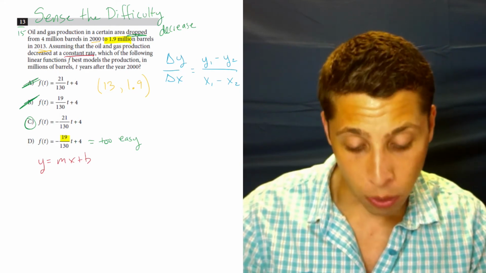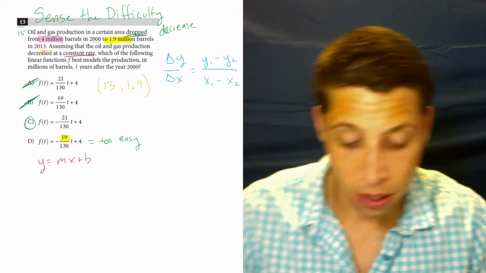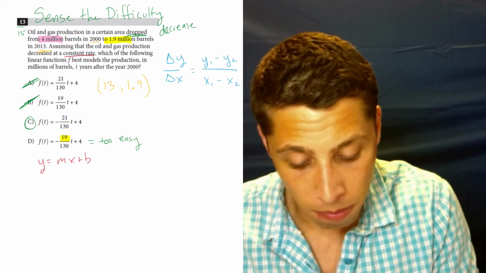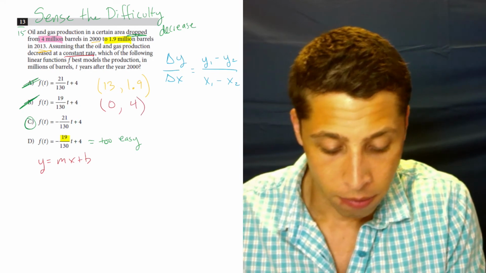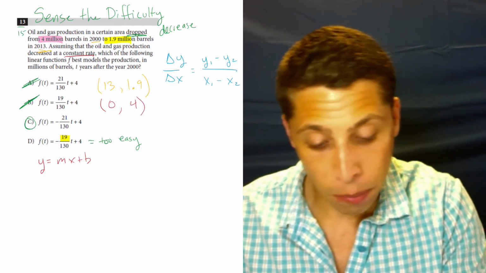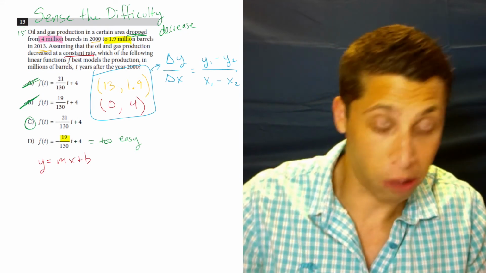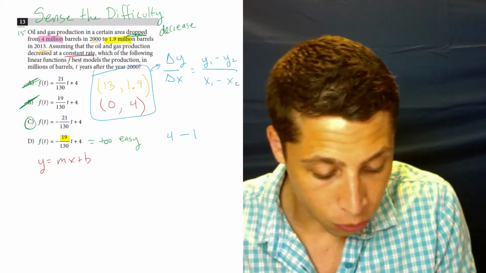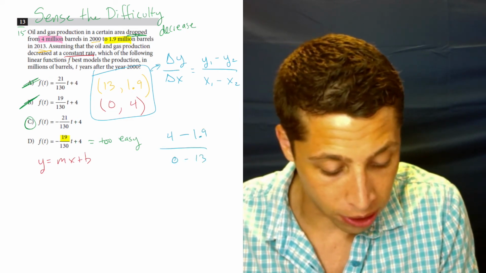The other point is also given, 4 million barrels. So that's at year 0, year 2000, 4. So now we can plug these 2 points into this equation and figure out what the slope is technically supposed to be. So let's do 4 minus 1.9 over 0 minus 13.